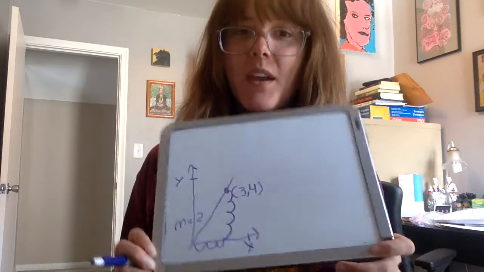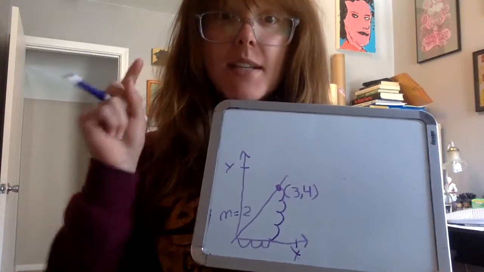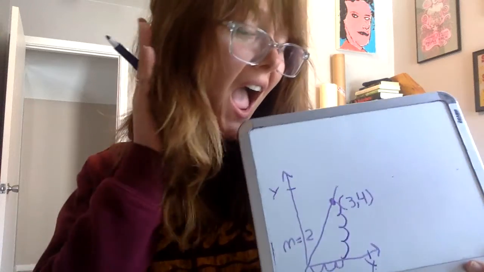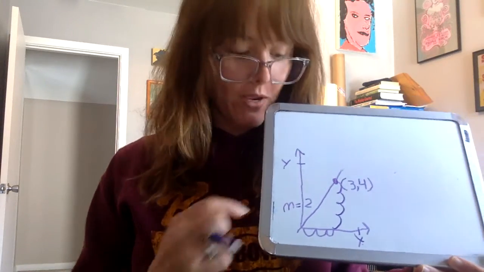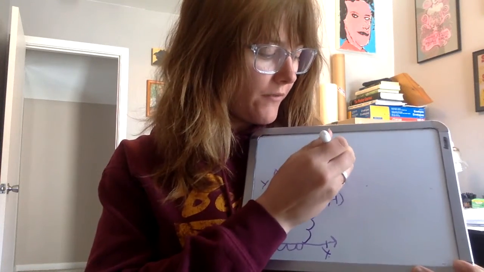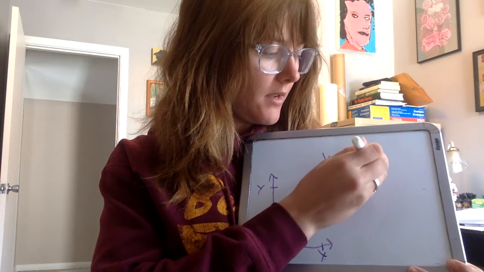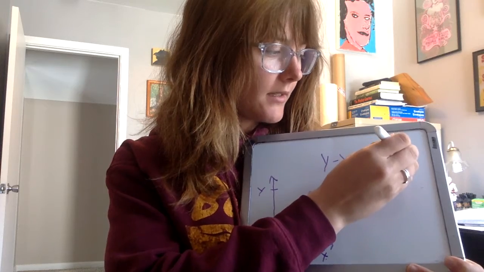Okay, now I remember that I want to write this in point slope form, which means what do I need? That's right, I need a point, which I have, and I need the slope, which I have. So our point slope form is y minus y1 equals m times x minus x1.